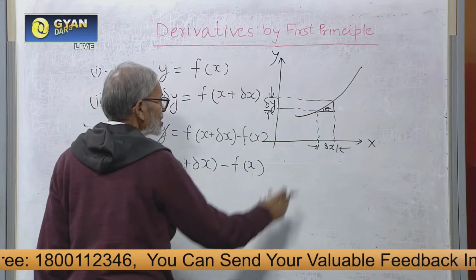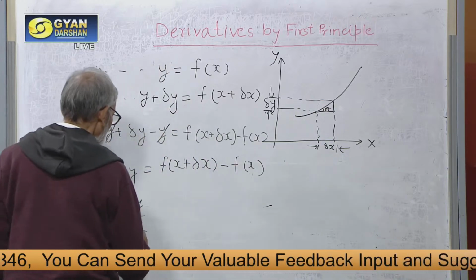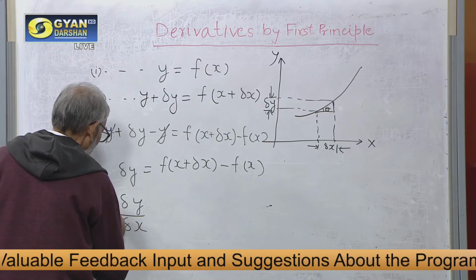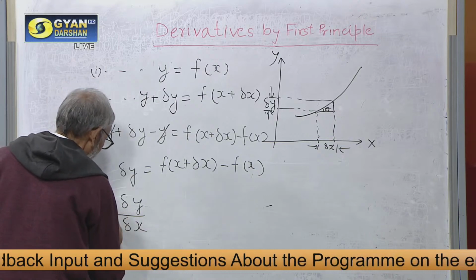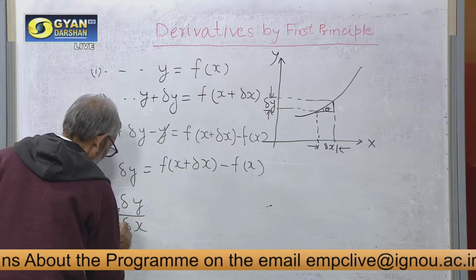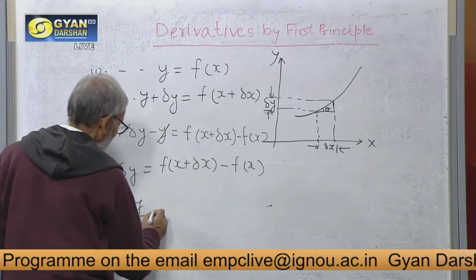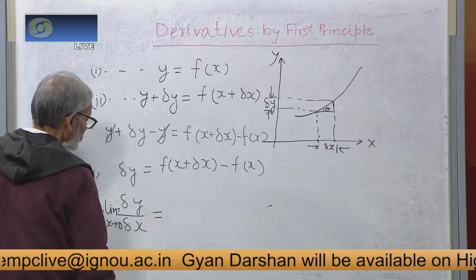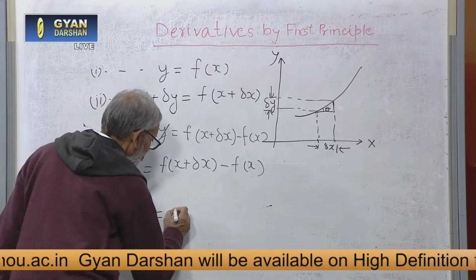Last time we discussed this geometrical interpretation. This delta y by delta x, in the limit delta x tends to 0, we call it the derivative dy by dx.